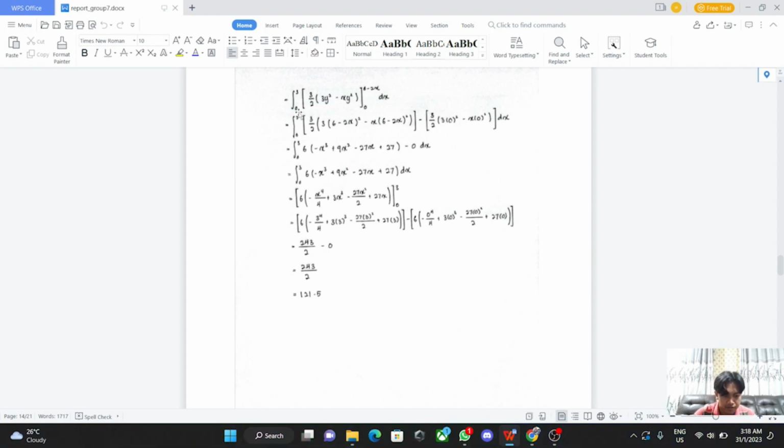So we put the integral 0 to 3 of 3 over 2 (3y square minus xy square) from 0 to 6 minus 2x dx. And we got the integral 0 to 3 of 6(negative x cube plus 9x square minus 27x plus 27) dx.